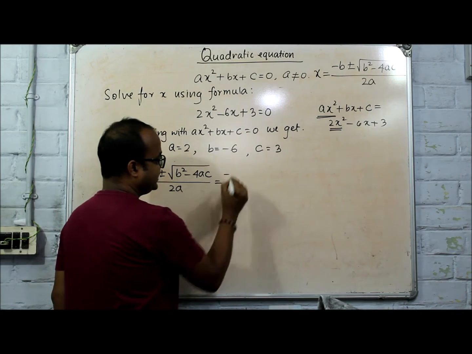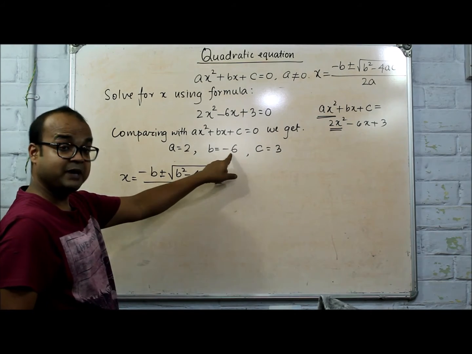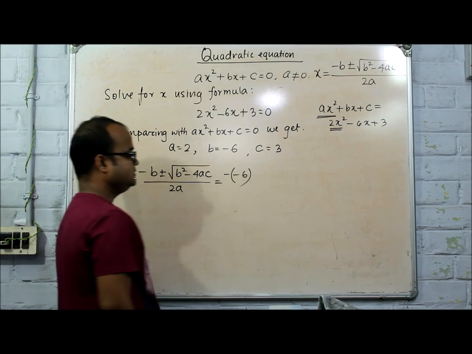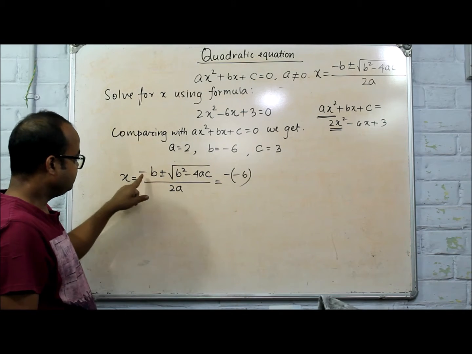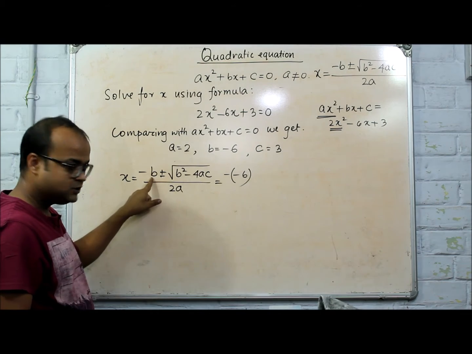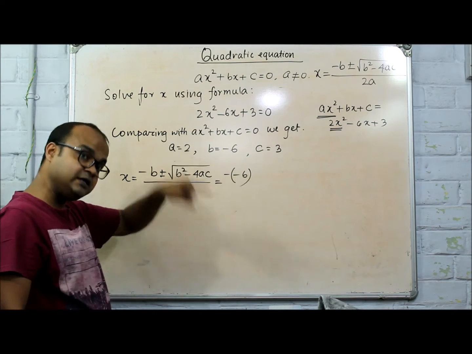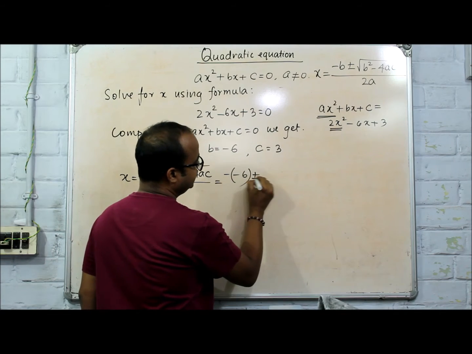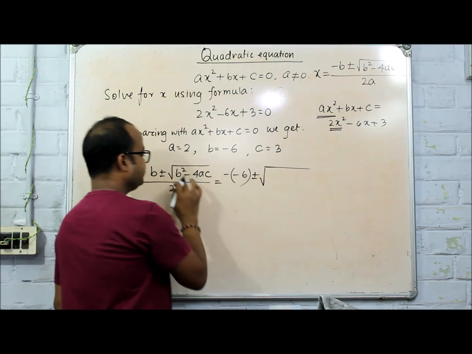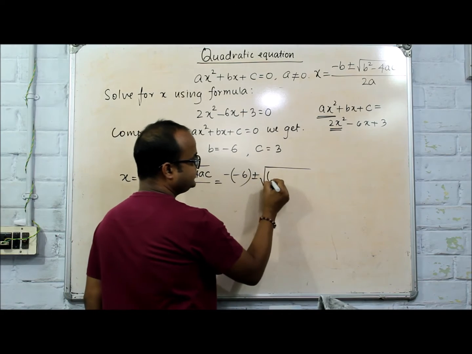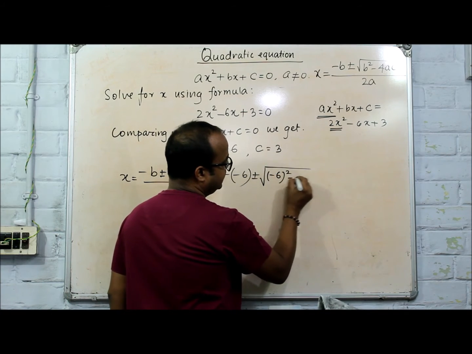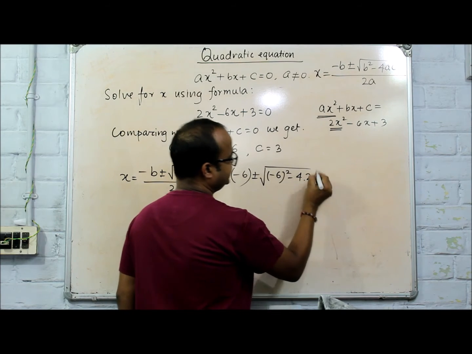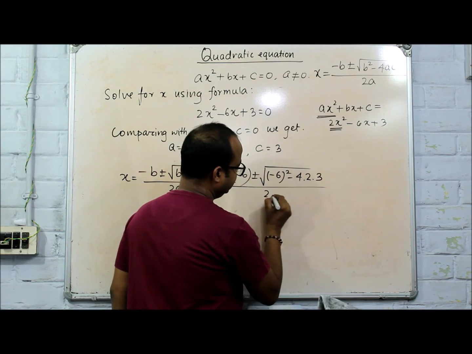Minus b: the value of b is minus 6, so we write minus of minus 6, plus minus square root of b square, b square means minus 6 square, minus 4 into a into c, by 2 into a.